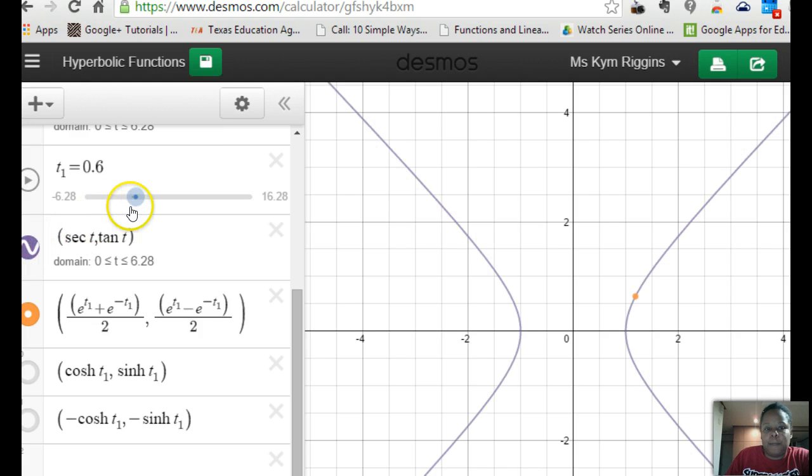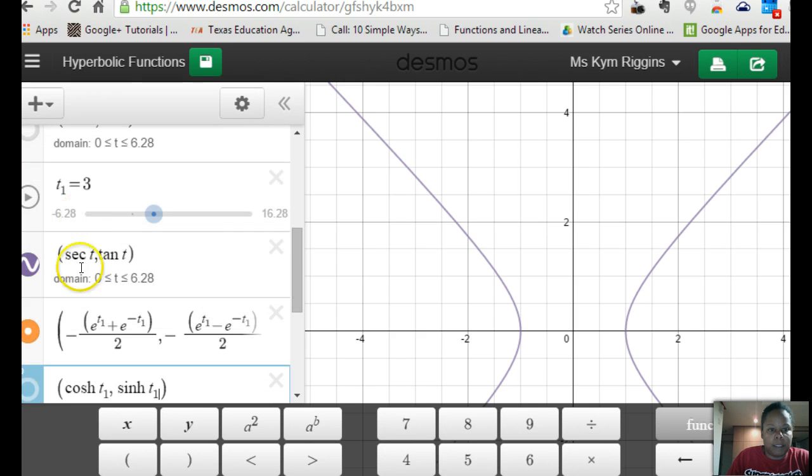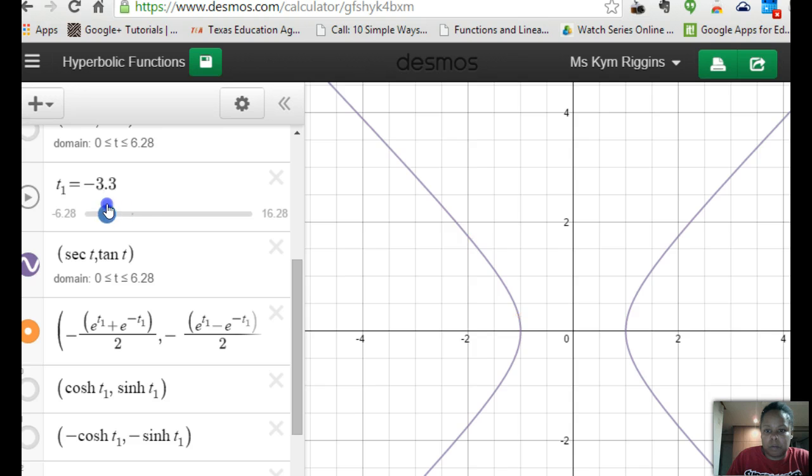And as you can see, if I replace the original parameterization of the hyperbola, it follows the right branch, i.e. the positive branch. And if I were to change it to negative, it would follow the left branch. Okay. So let's see. As you can see, it's following the left branch as well. So that's how we get cosh and sinh.